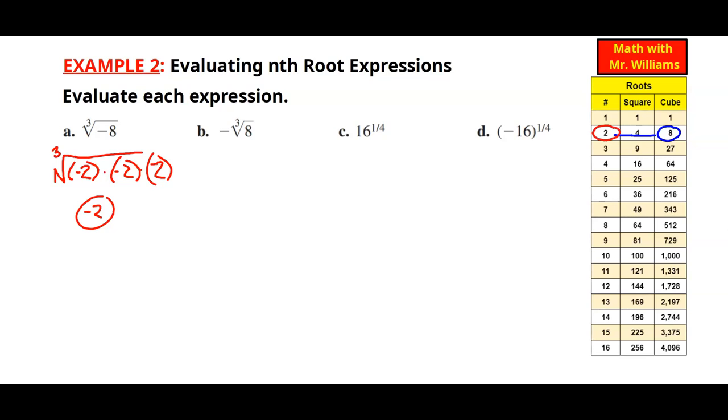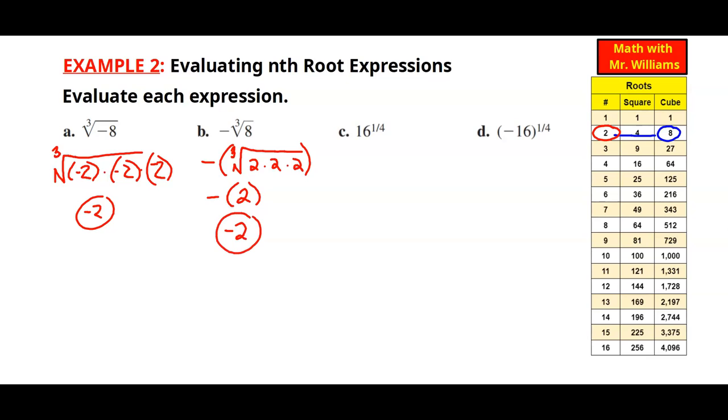In this case, it's a positive 2, so we know that this is true. 2 times 2 times 2 inside our root would end up giving me that cube root of 8. All right, so when I break this down, this ends up being a negative, and the cube root of 8 would be one of those 2's. So now the negative's out front, and now it gets applied to the 2 itself, giving my answer as a negative 2 also.